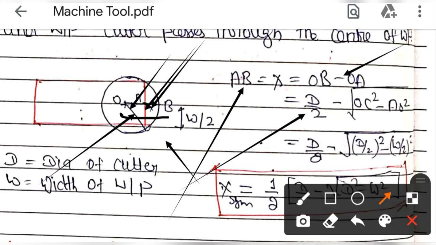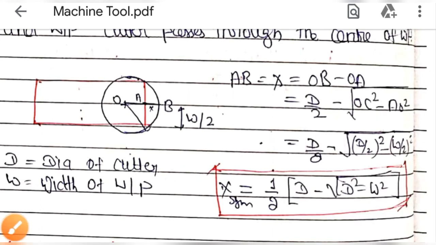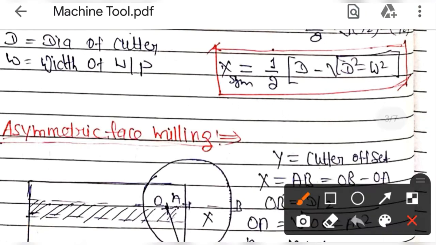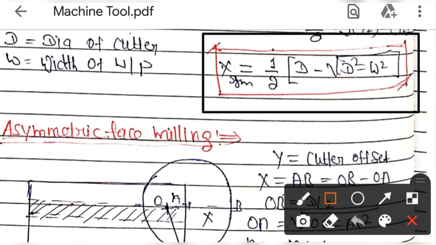So what is OB? D by 2 minus, again OC is the radius of the cutter, which is D by 2, whole square, and AC square is the width of the workpiece divided by 2, which is W by 2, whole square. Just write it over here and solve it. We'll get the compulsory allowance for symmetrical face milling, X symmetrical, equal to 1 by 2 into D minus the square root of D square minus W square, where D is the diameter of the cutter and W is the width of the workpiece.